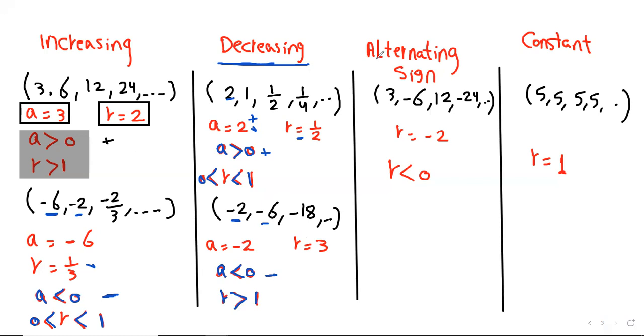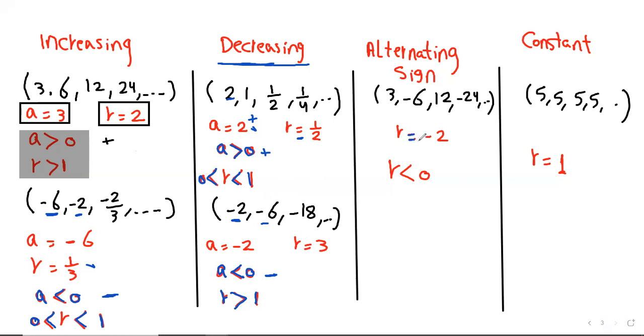And here, we have 3, then -6, then 12, then -24. This sequence is an alternating sign sequence. The first term here is positive, the second term is negative, because the common ratio is negative.